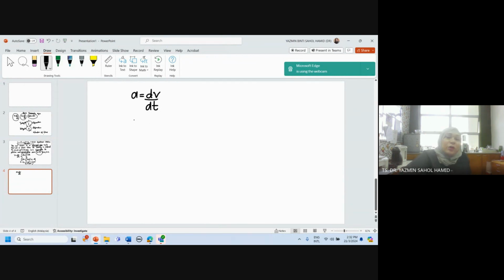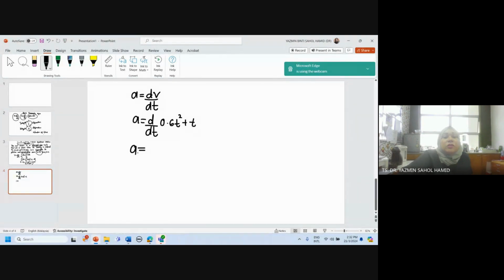So a equals d over dt of the v value just now, which is 0.6 t squared plus t. Then you can differentiate it.